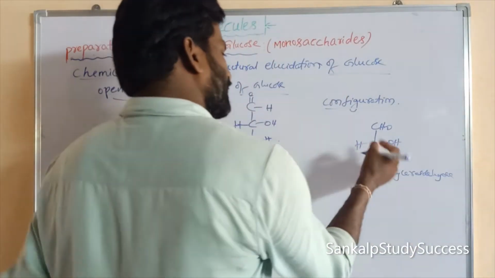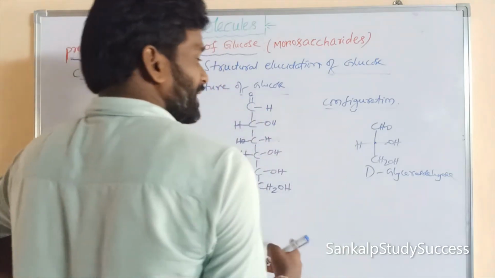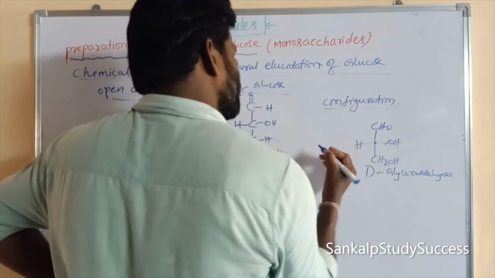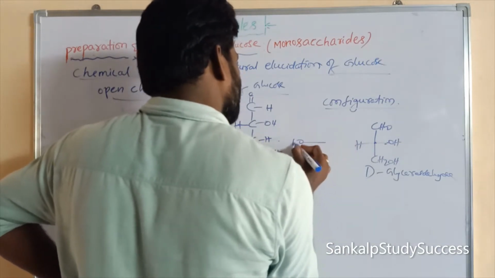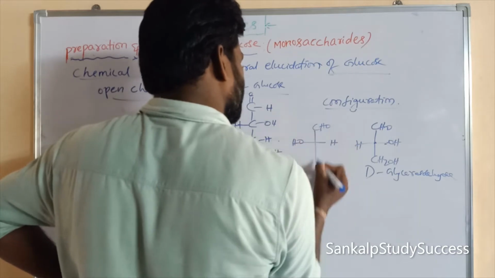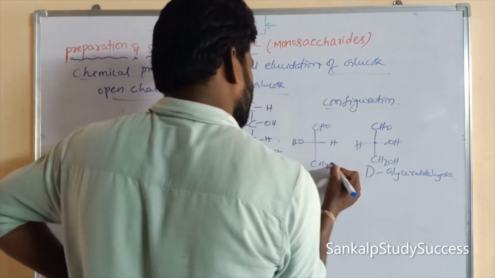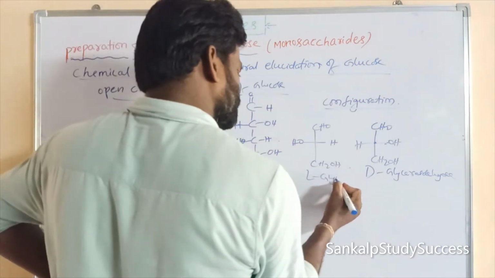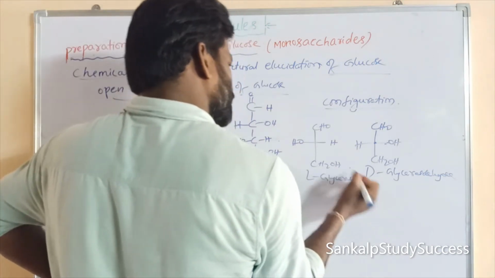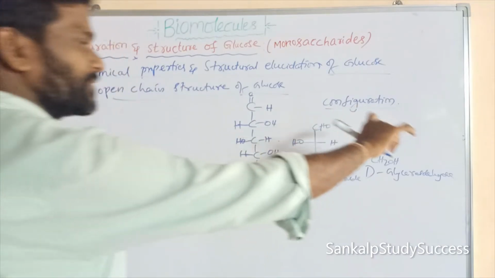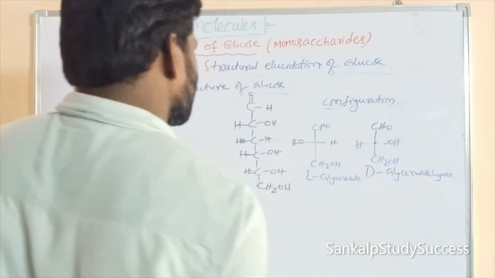If the OH at the asymmetric carbon is present on the left side, that is L-glyceraldehyde. So the configuration of glucose is compared with these glyceraldehydes.